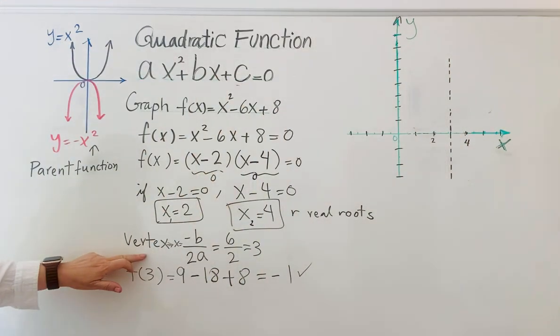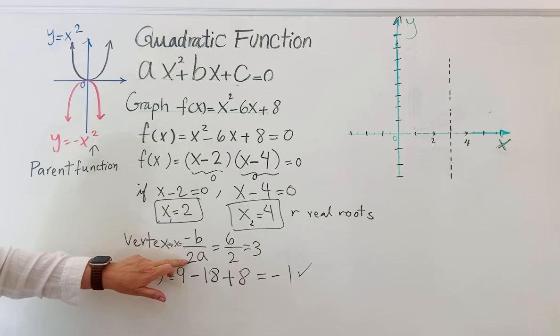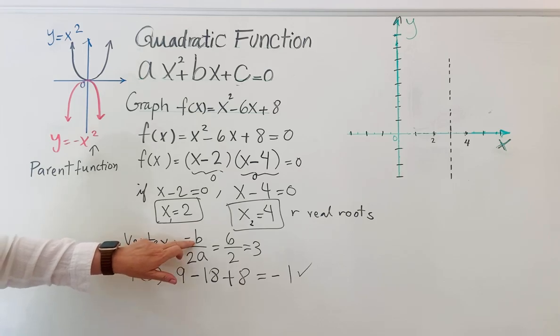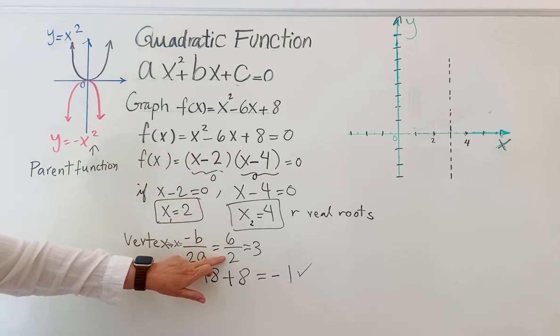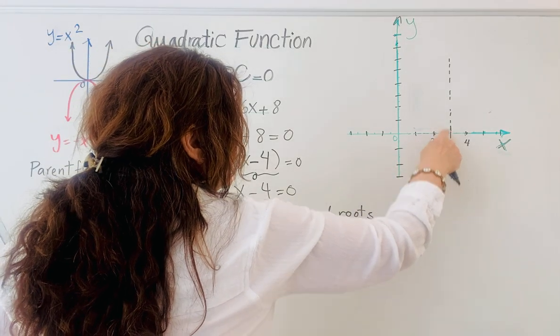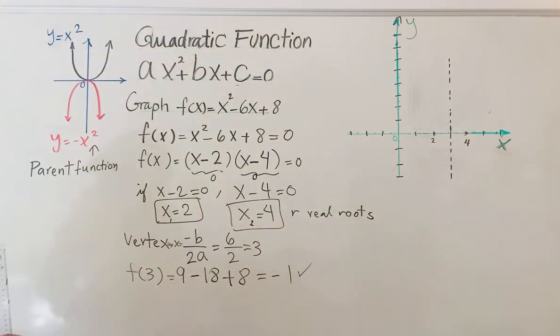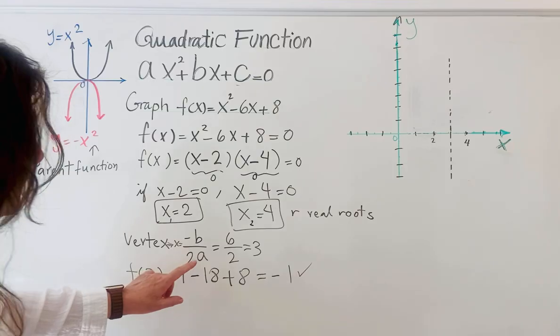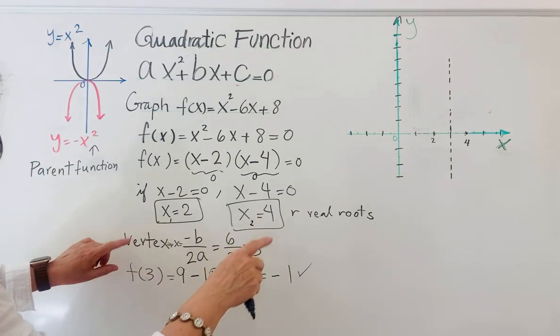Algebraically, it is like this. The x of the vertex is negative b over 2a. Negative b gets 6 over 2a gets 2, gets 3. At this point, 3, we have the axis of symmetry, yes? But what is the top of this one?